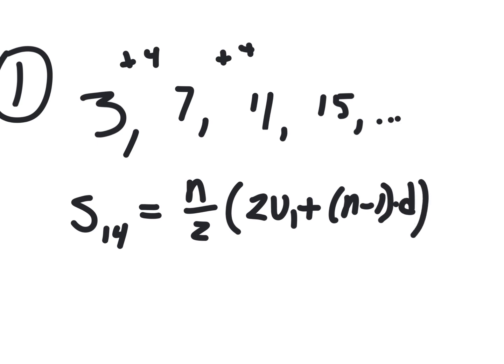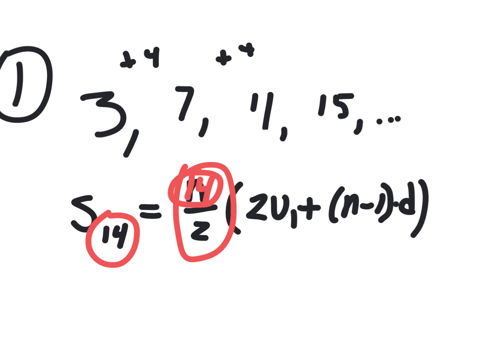Good. And now let's fill in the numbers that we have. Aben, what is n? It appears here and here. 14. Now, I hope nobody in here does 14 divided by 2 on their calculator, because you could probably split 14 in half all by yourself. Then you got 2 times u1. u1 is 3. 2 times 3 is 6. I can do that in my head.